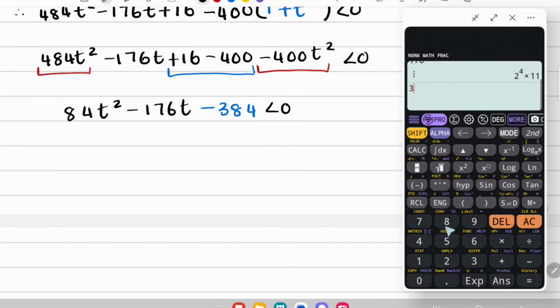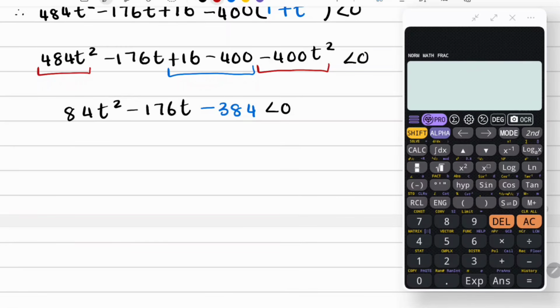And then lastly, 384 is equal to shift and factorize. Okay, so do you see that all of these factors, they all have 2 in them? So between 2 squared, 2 to the power of 4, and 2 to the power of 7, what is the common factor that you have? That would be 2 squared. So it means 4 is common between all of them. So what we can do here in this inequality is divide both hand sides by 4.